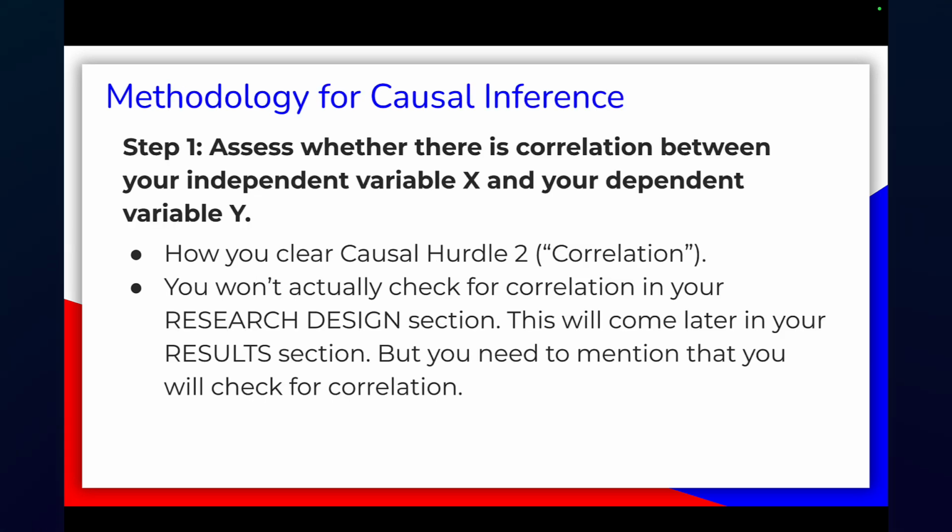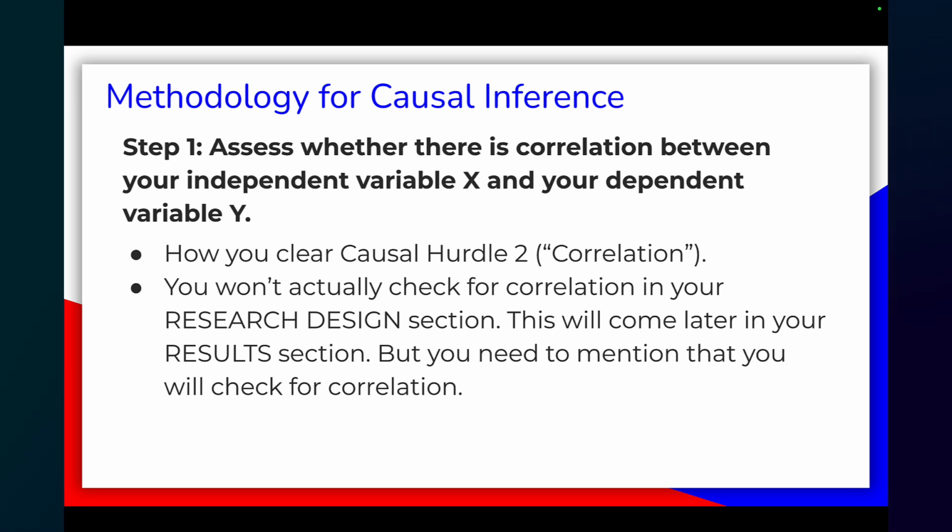So we have one method with a couple of steps. Step 1, assess whether there is correlation between your independent and dependent variable. So independent variable is X and dependent variable is Y. So how you clear causal hurdle 2, that correlation, right? You won't actually check for correlation in your research design section.